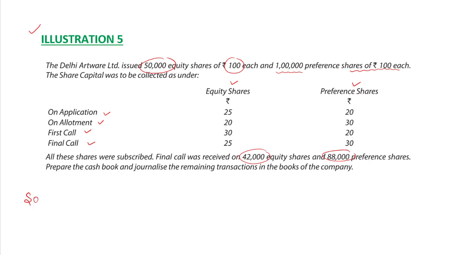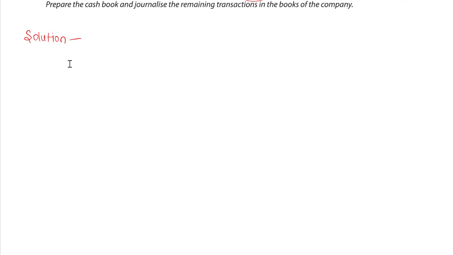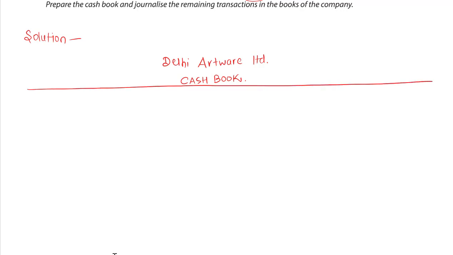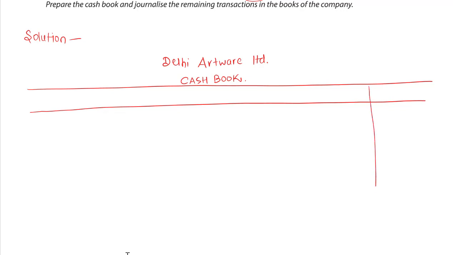Solution. Delhi Artware Limited cash book. Particulars, amount.